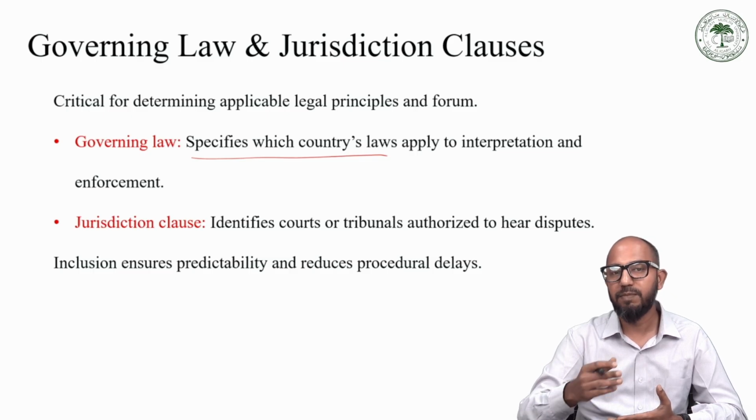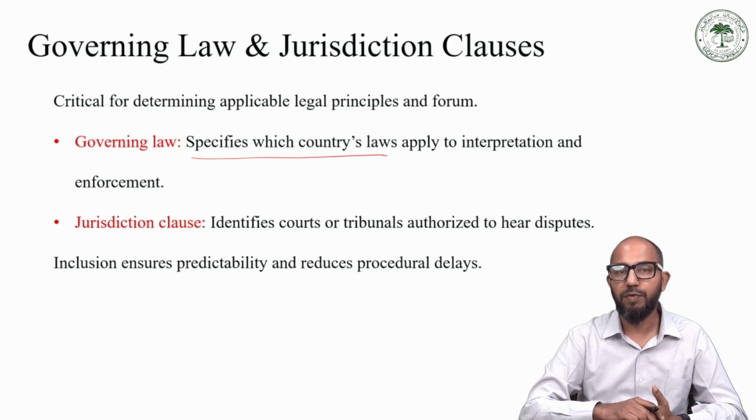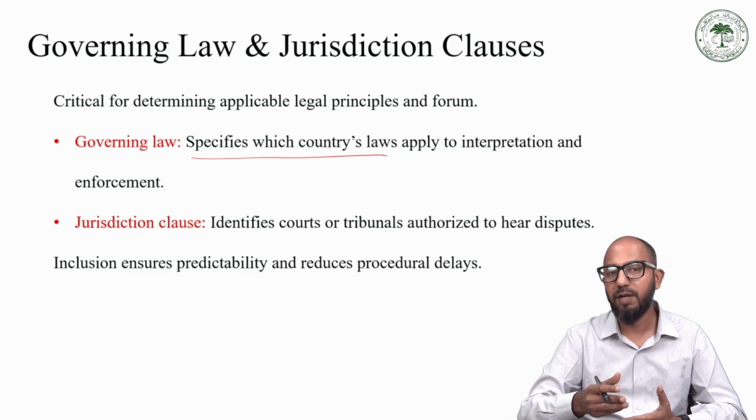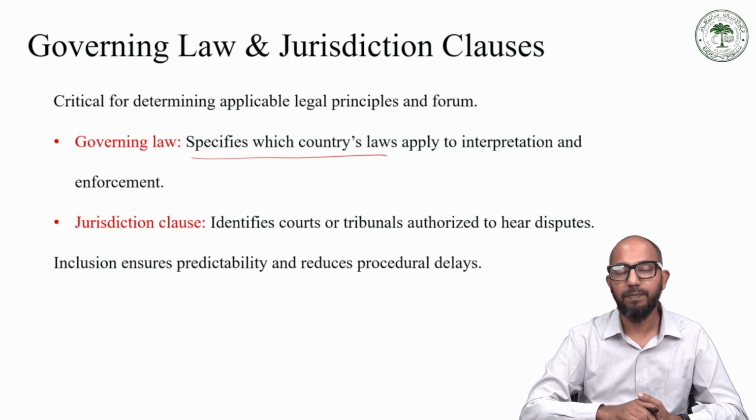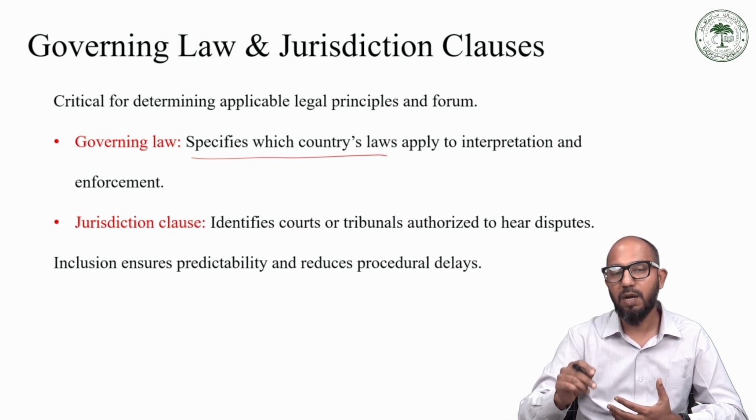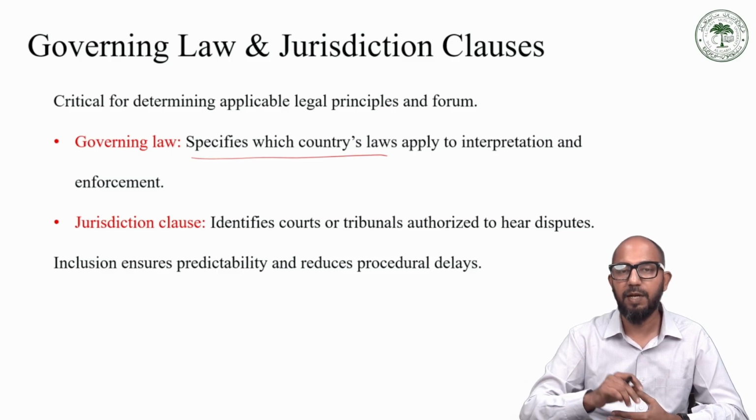So, in terms of dispute, which country's law will prevail? That is an important question. The third important thing under governing law is that having knowledge and information prior to agreements is also very important for the law which will be applicable in times of crisis and if any disputes arise.